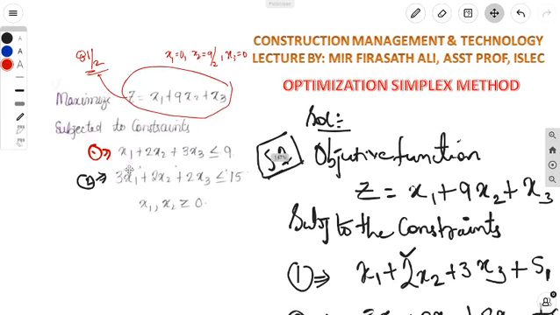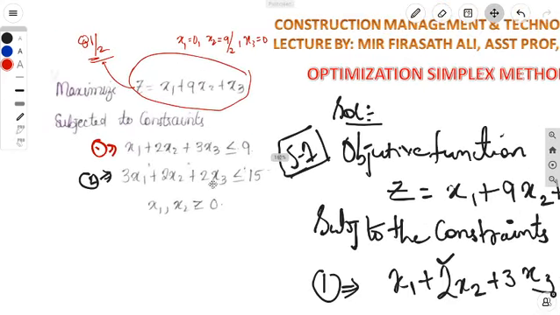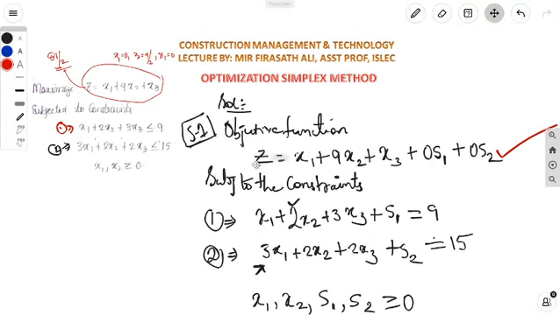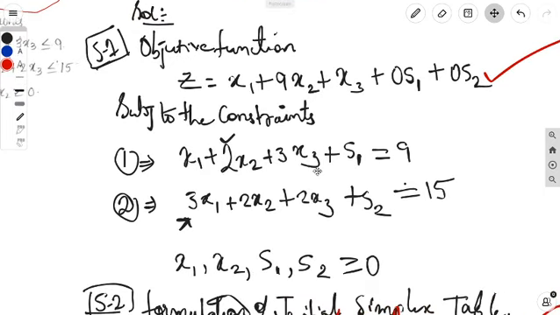Let us see once again a quick revision. This was our given question. From this given question, we have written the objective function: Z is equal to x1 plus x2 plus x3, subjected to the constraints. Two constraints were given to us, x1 plus 2x2 plus 3x3.